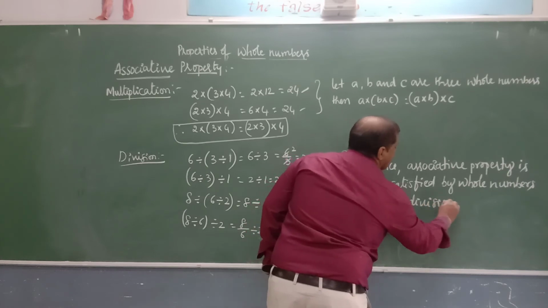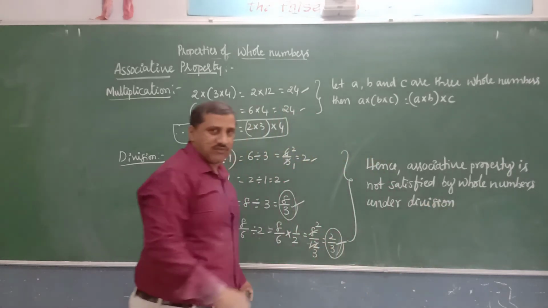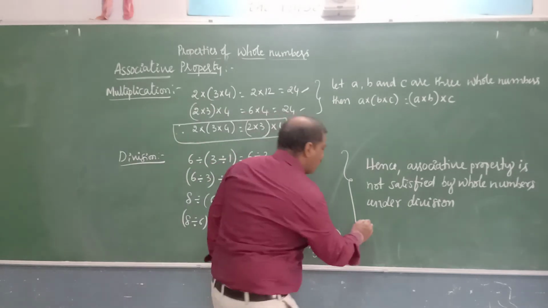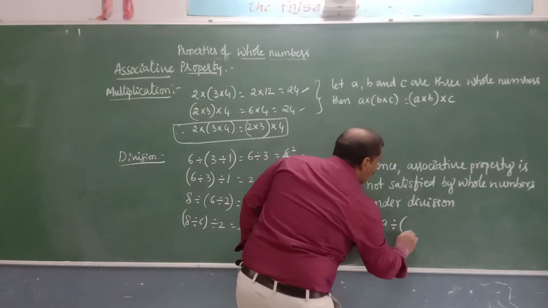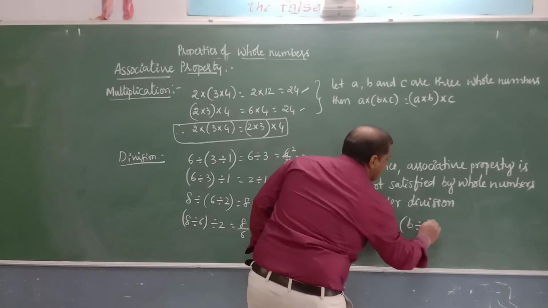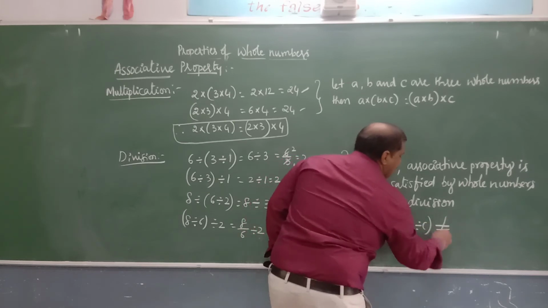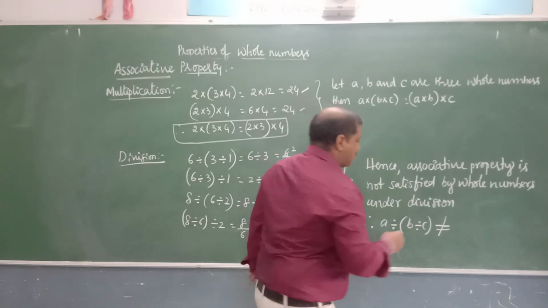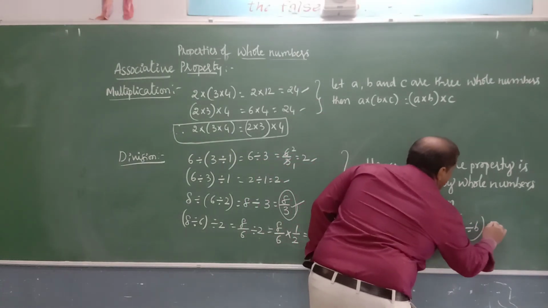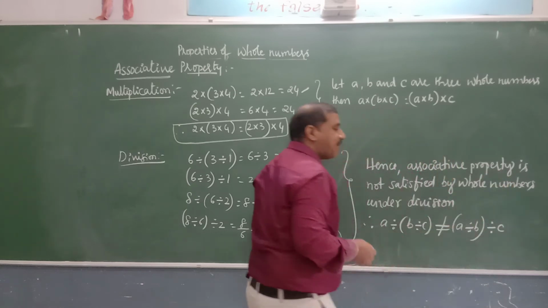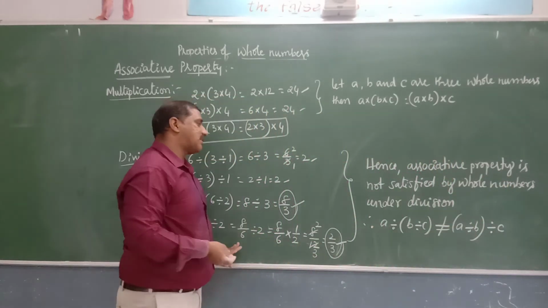Why is it not satisfied? Because in both the ways we are getting different quotients. Therefore we can write it as A divided by (B divided by C) is not equal to (A divided by B) divided by C. So it is not satisfied.